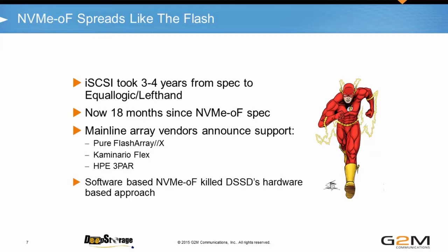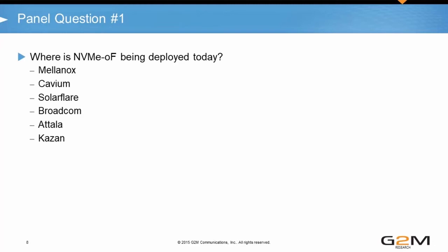The best example of how fast NVMe is moving is that the simple existence of NVMe led the folks at Dell EMC to look at their DSSD project, which built an ultra low latency shared storage system using proprietary switched PCIe hardware, and to decide that the benefits of that solution were not worth the additional cost that was necessary from having the proprietary hardware. So they killed that project off.